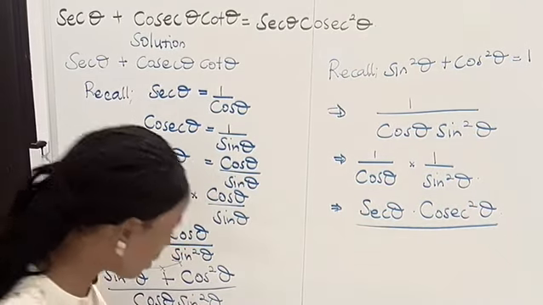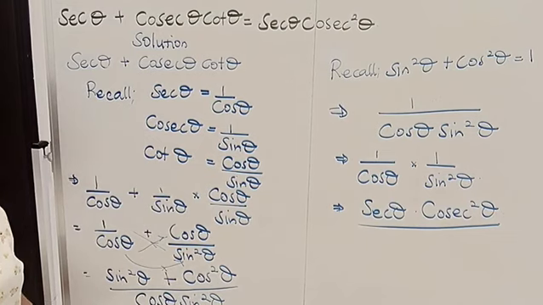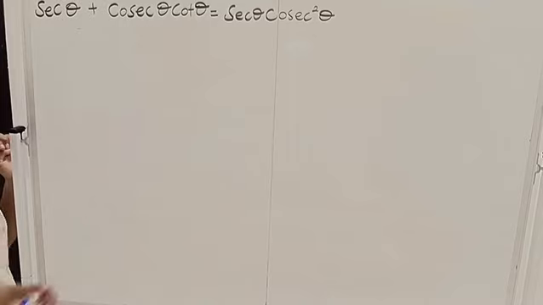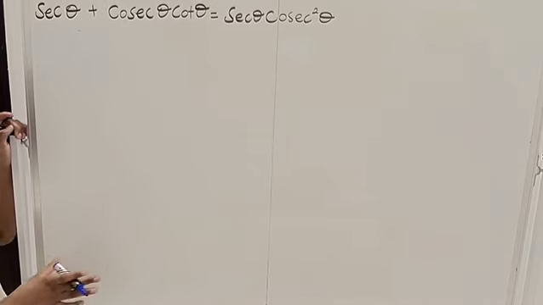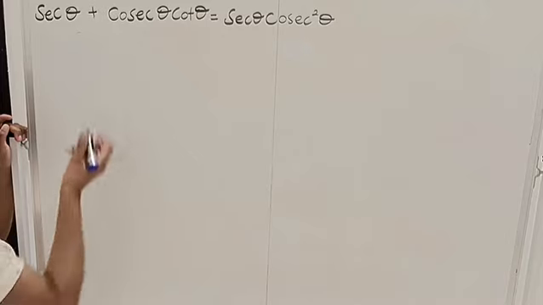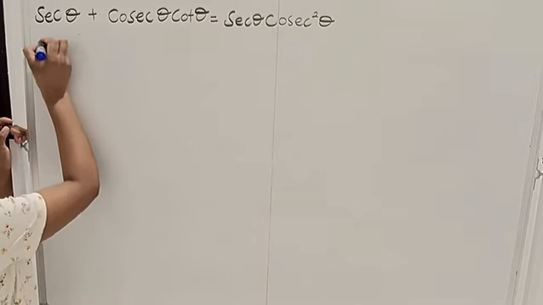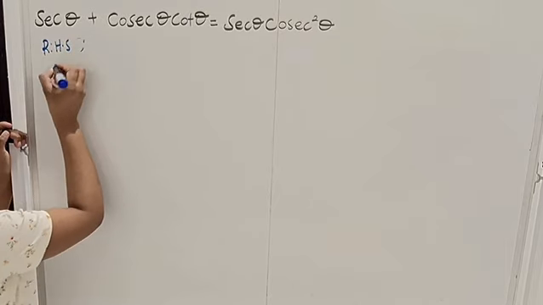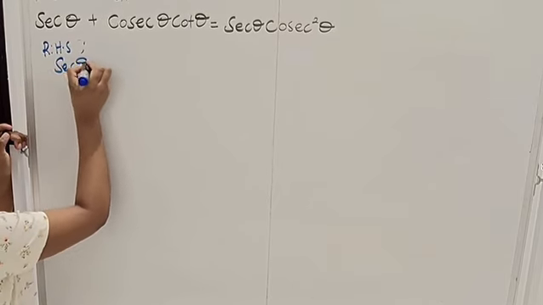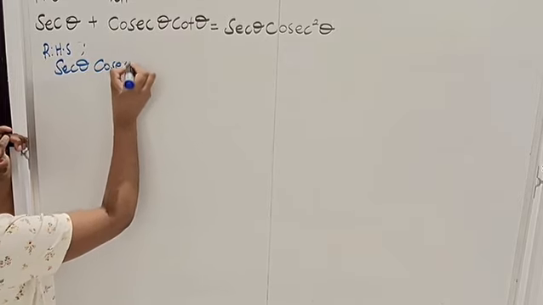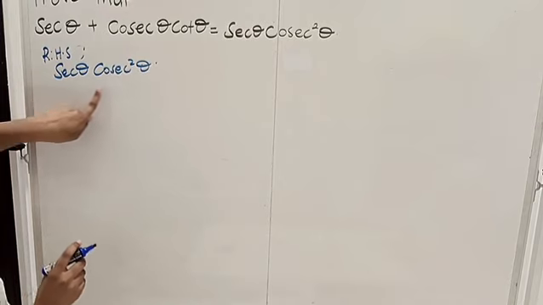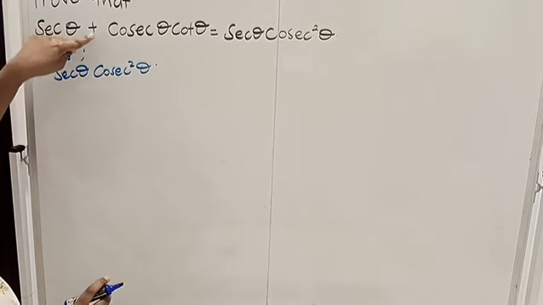Now we are going to look at a case where we start from the right hand side. Now we are going to prove this identity from the right hand side. Okay, we shall start from the right hand side. The right hand side has sec theta cosec squared theta. Now, if I want to prove from the right hand side, how will I introduce a plus?